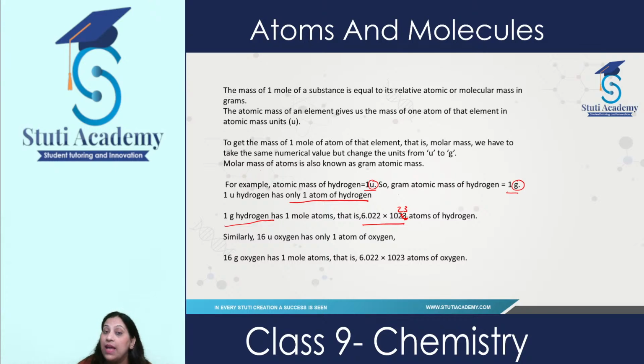And if we take an example of oxygen, here we are taking atomic mass because we are considering only elements, atoms of oxygen only. So it has 1 atom of oxygen. It means 16 gram of oxygen has 1 mole of atoms, which is equivalent to again 6.022 × 10^23 atoms of oxygen.